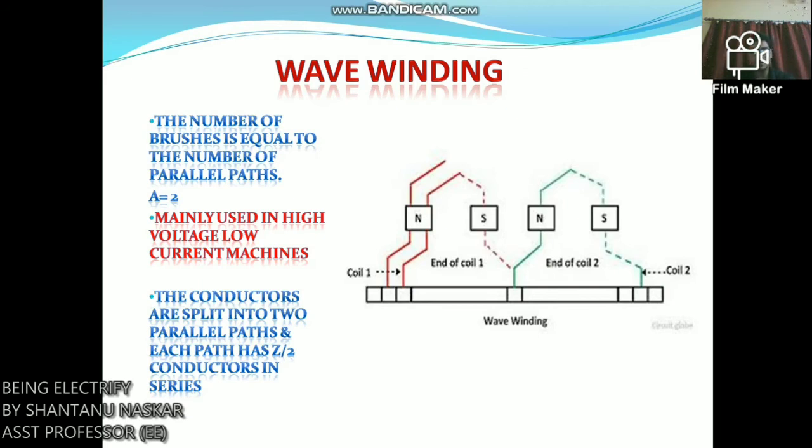The number of brushes is equal to the number of parallel paths. And also, the conductors are split into two parallel paths, and each parallel path has Z/2 conductors in series. This winding looks like a wave shape, that's why it is called wave winding.